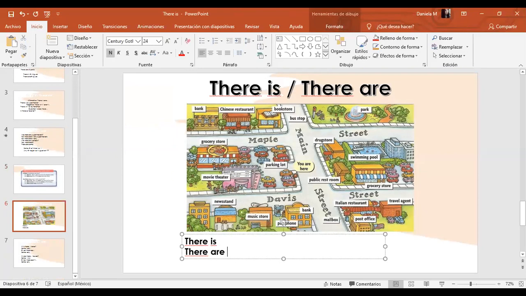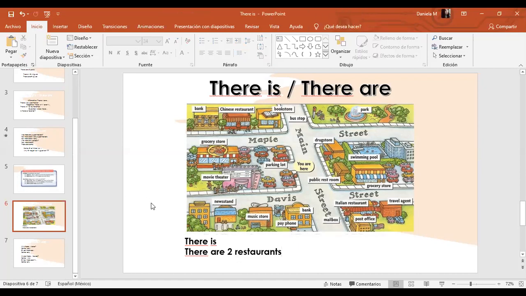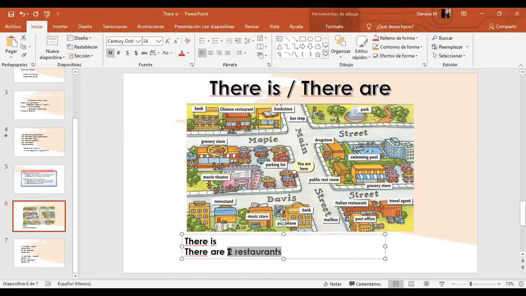Good. There are two restaurants. Why? Because we use the are for plural. And here we have the Chinese restaurant and the Italian restaurant. Therefore, we got two different restaurants.